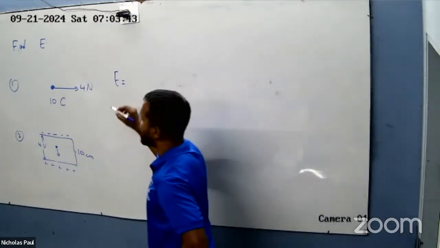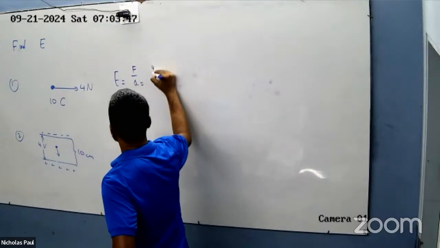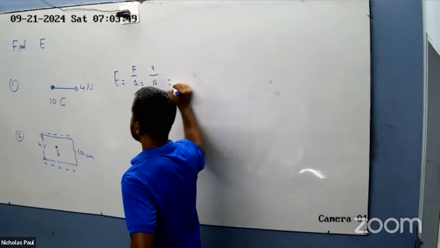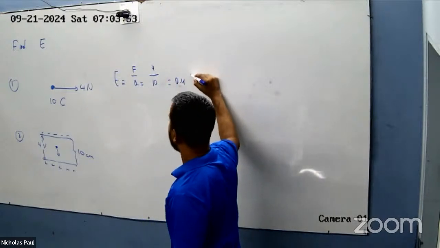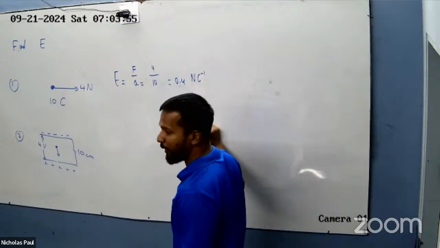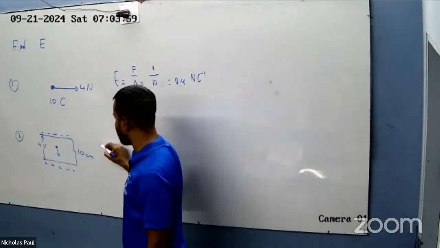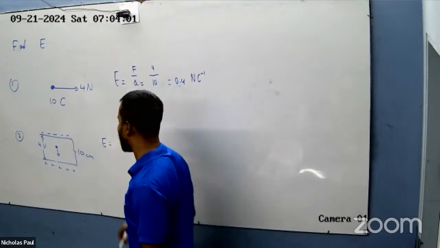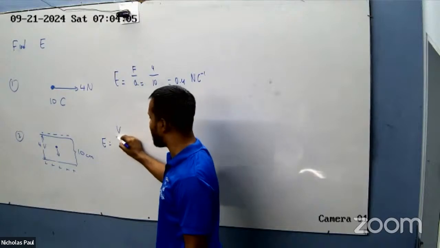Electric field strength is F on Q. The force is 4, the charge is 10. Correct SI units, so that'll be 0.4. This will be newtons per coulomb. Not really realistic, but we're just making up some values. Here, electric field strength is the electric potential difference divided by the distance between them.